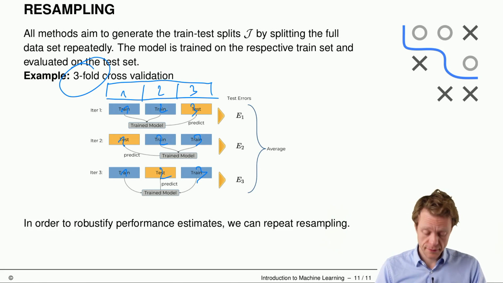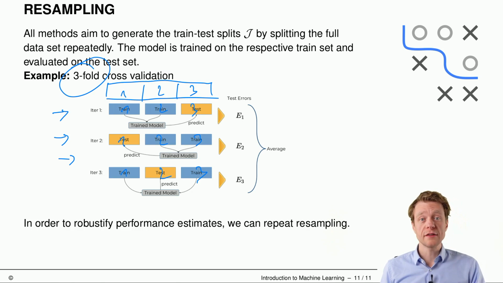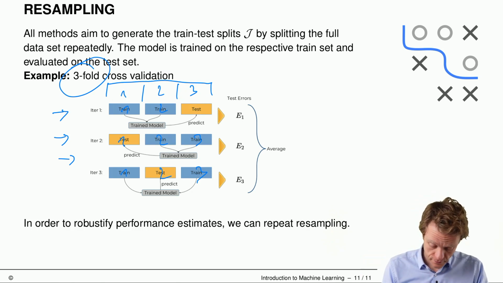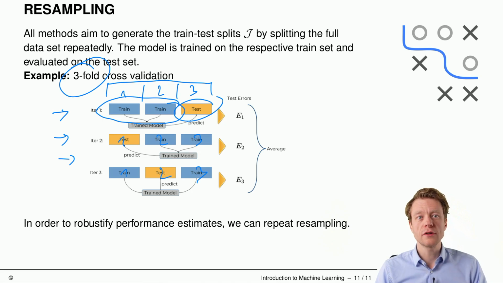In these iterations, 1, 2, and 3, we always use one part of the data as test. In the first iteration, it's this part, and we use the remaining data points for training a model.